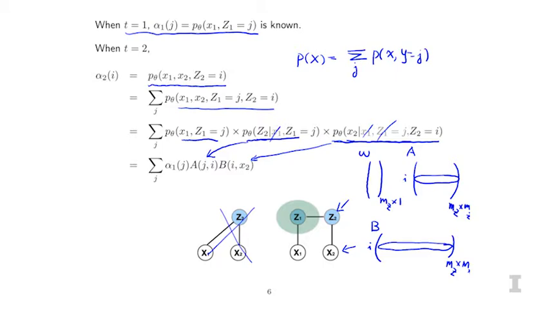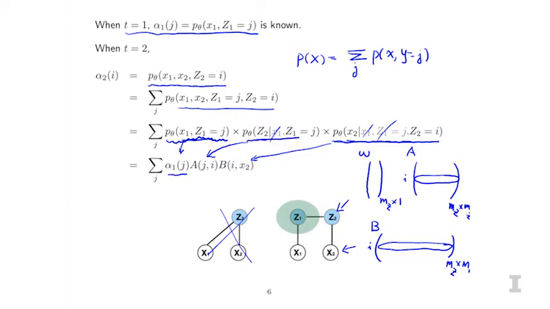Now for the first probability, we cannot compute it directly from W, A, or B. However, this is a quantity we computed before at t equal to 1, so this basically is equal to alpha sub 1 of j.